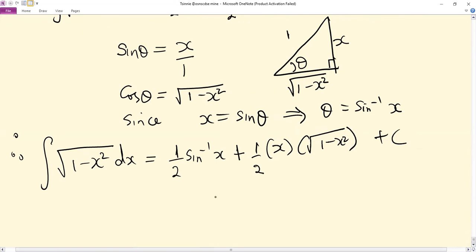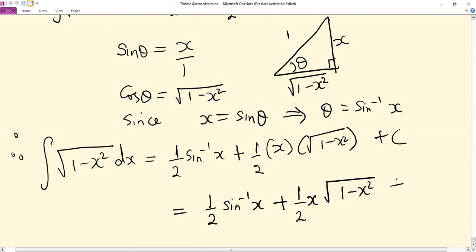So therefore, the final answer will be a half sine inverse of x plus a half x times the square root of 1 minus x squared plus c. So this is the solution to our problem. Thank you.